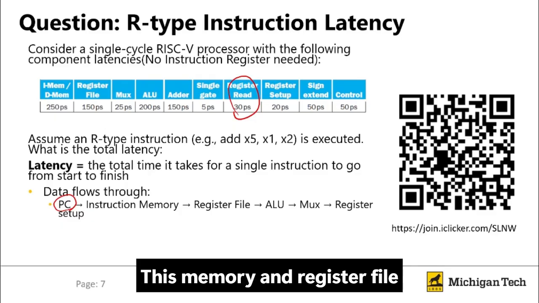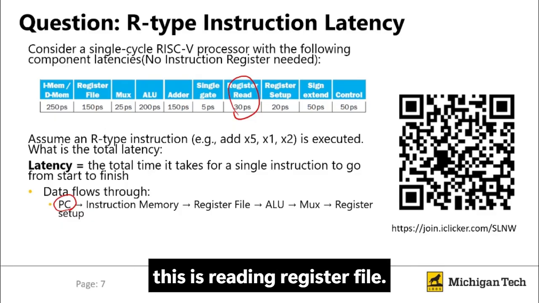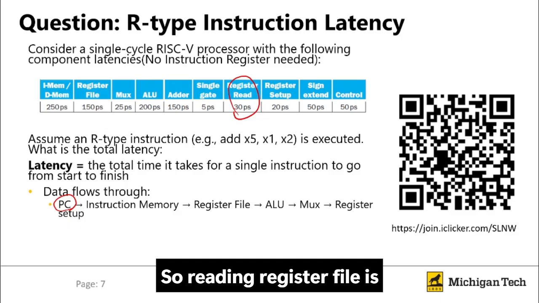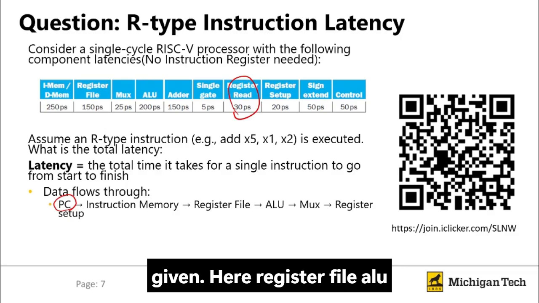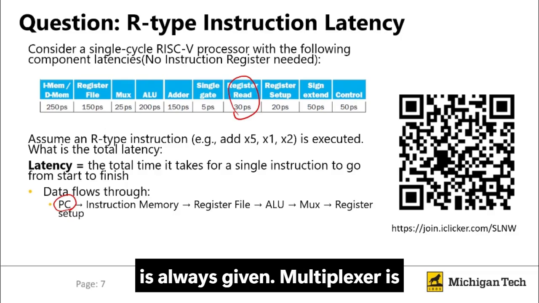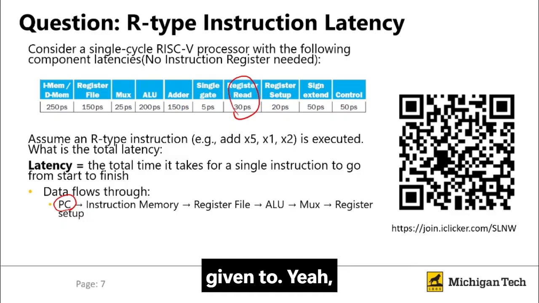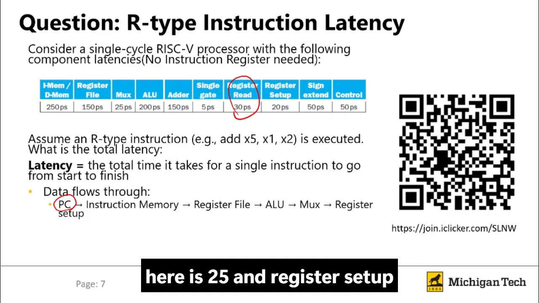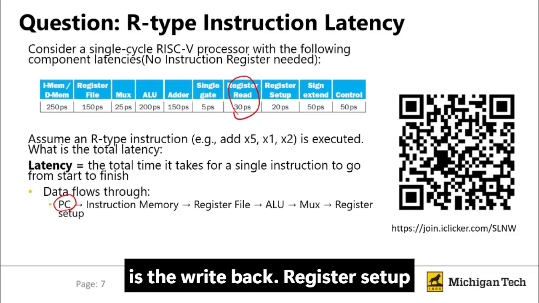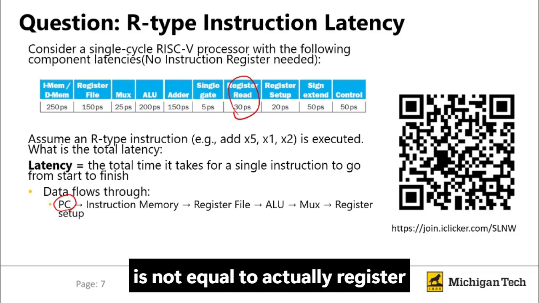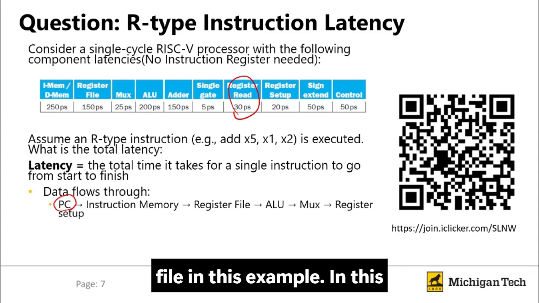And the register file, this is reading the register file, which is given here. ALU is always given. Multiplexer is given too, here is 25. And register setup is a write back. Register setup is not equal to the register file in this example.